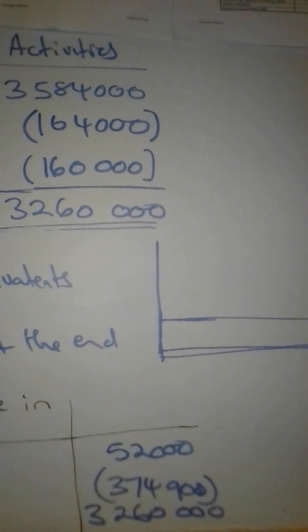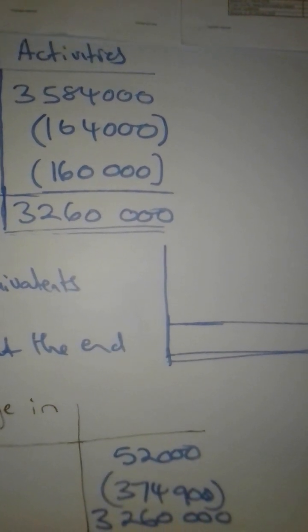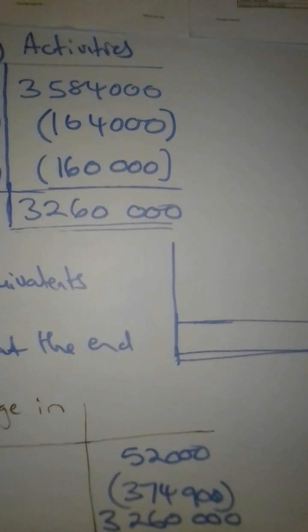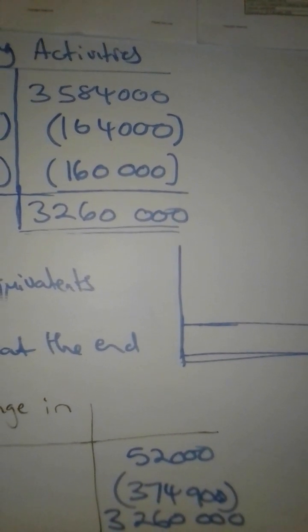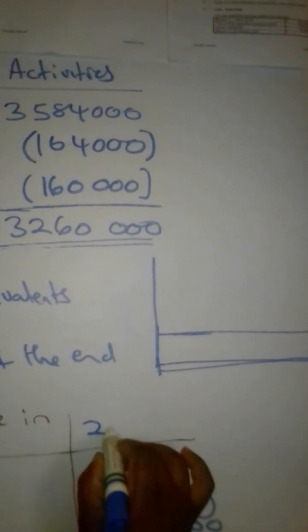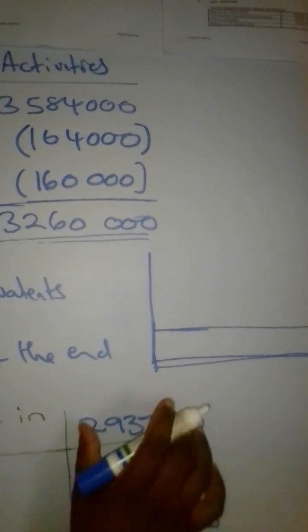We add them together so that we can actually get the net change in cash and cash equivalents. Our final amount will be, let me check on my calculator, 2,937,100. This is our net change.